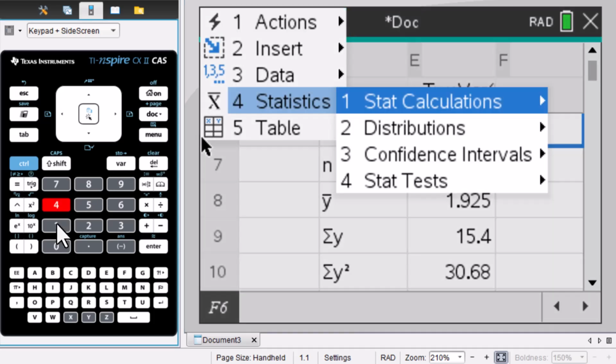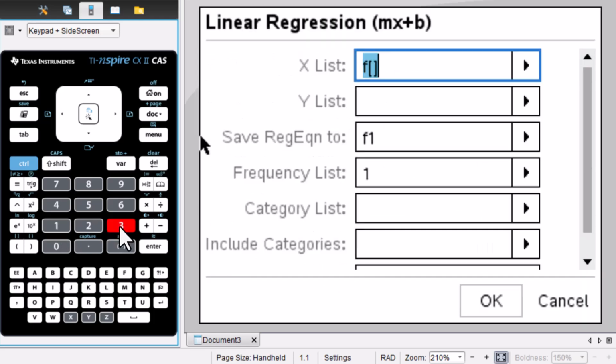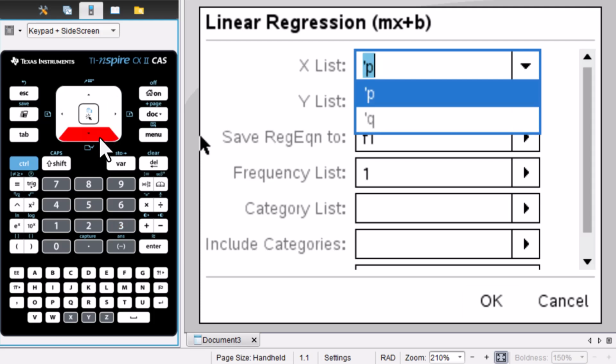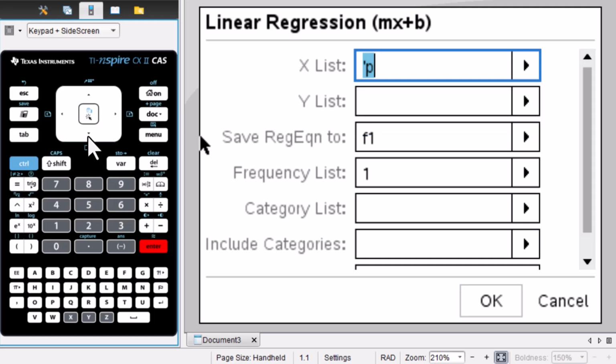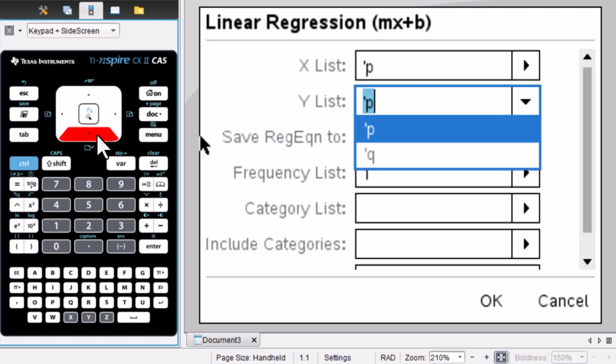Stats. 1. Calculation. Go to 3 this time. Double-click this right arrow button. Choose P. For Y list, click on this right arrow button again. Choose Q.